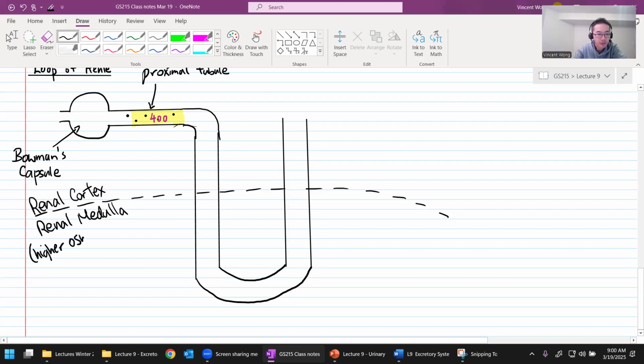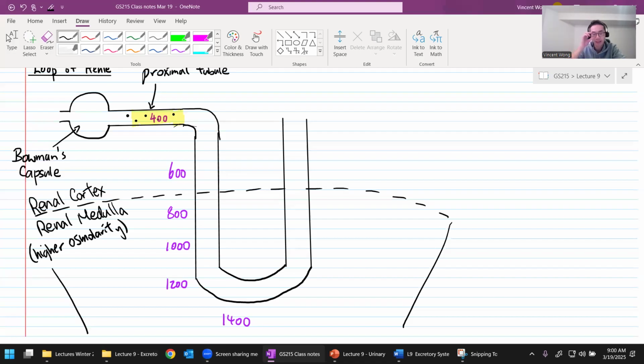Let's say this is 600 outside, then 800, 1,000, 1,200, and maybe 1,400 here. The actual number is not too important. The key thing to know is that they keep on going up. It gets saltier and saltier as we go deeper into the medulla. I don't know if you can see it, but this is actually the cone, the pyramid.